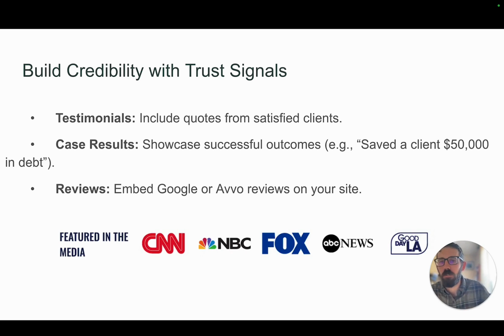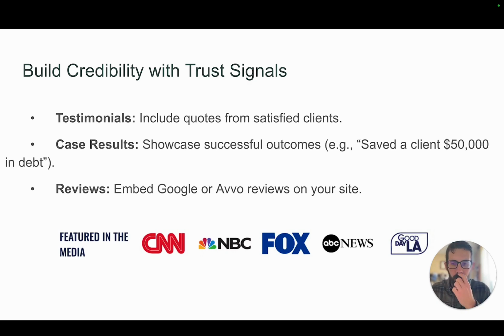Next, building credibility with trust signals. You may hear this called social proof, but we want to include testimonials, case results, and reviews. Ideally, a rule of 3 here. If you can get 3 good testimonials, 3 good case results, and 3 good reviews, that's what to look for.